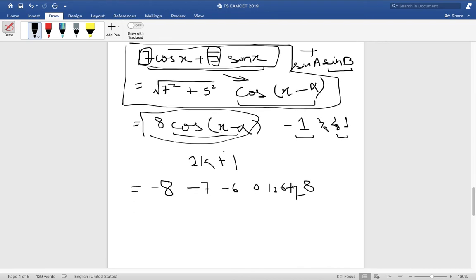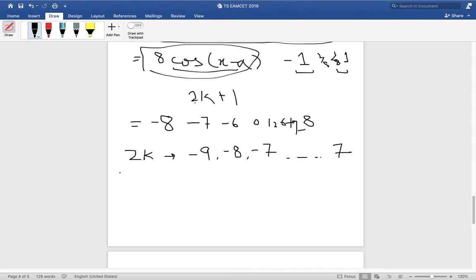8. So what I will do is I will subtract 1. So 2k will be varying between -9, -8 minus 1 is -9, -7 minus 1 is -8, -6 minus 1 is -7, dot dot dot, 8 minus 1 is 7. Now I divide this by 2. I will get -4.5, -4, -3.5, -3, dot dot dot, 3.5.